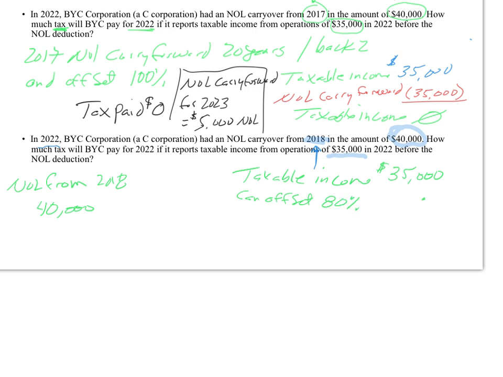So we're going to multiply our 35,000 by 80%. So when we multiply 35,000 by 80%, we get 28,000. That 28,000 is the amount that can be offset. Okay, so we can offset that. So if we take that 28,000 from 35,000, we end up with 7,000.